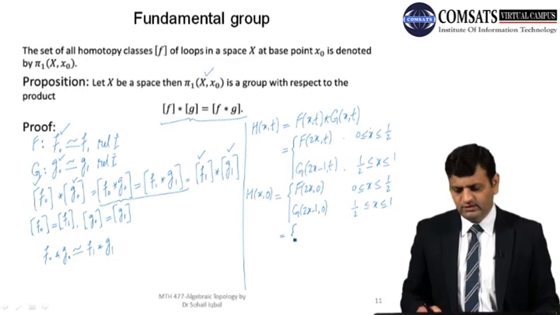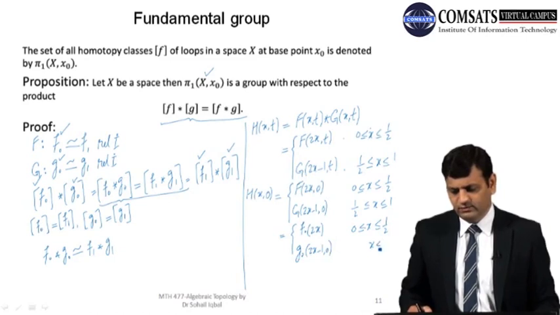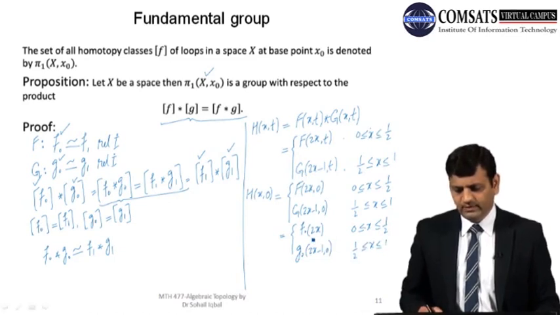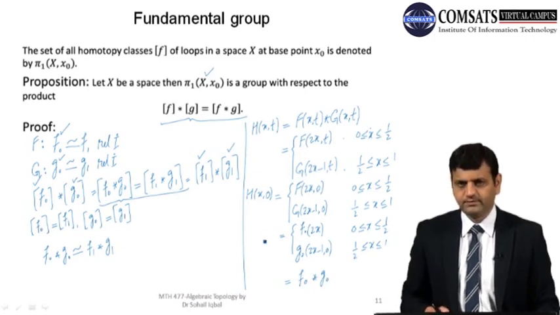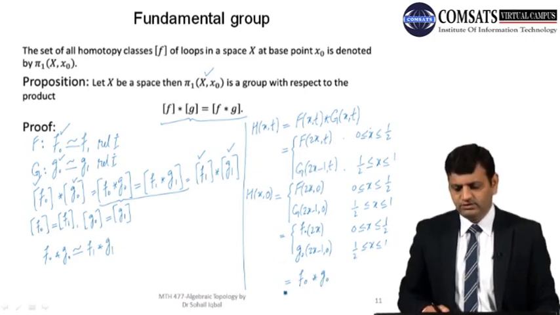So this is equal to f0 of 2x for x from 0 to 1 by 2, and g0 of 2x minus 1 for x from 1 by 2 to 1. If you remember, this is exactly f0 star g0. Similarly, we can show that H of x, 1 is equal to f1 star g1.